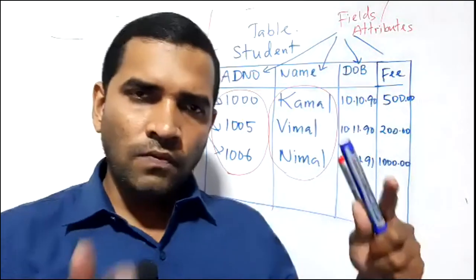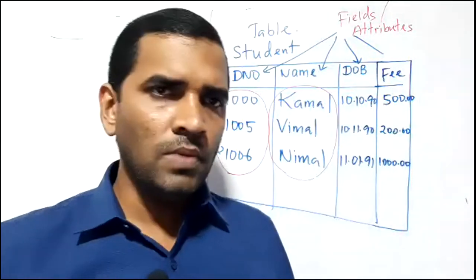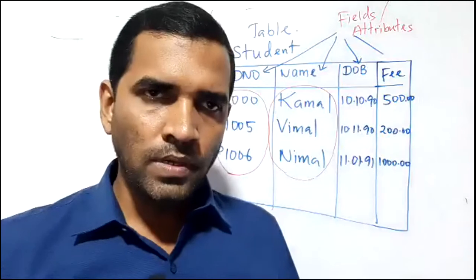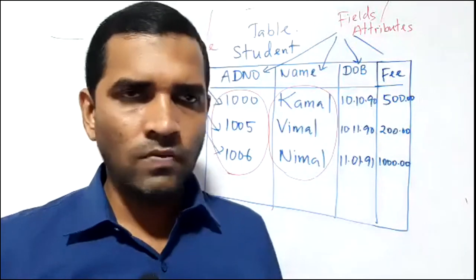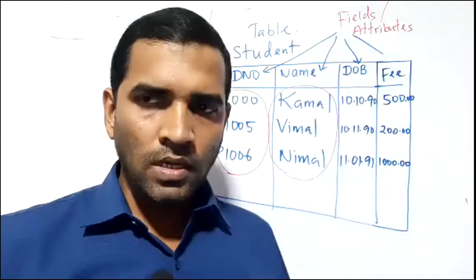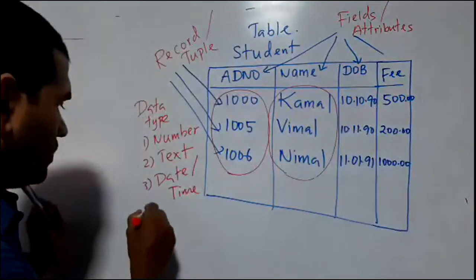So if a field has data which is in currency format, it may be any type of currency. It may be Sri Lankan rupee, it may be a dollar, it may be euro or whatever. Definitely it can be taken as currency, right? That is the next data type, currency. So that is number 4.